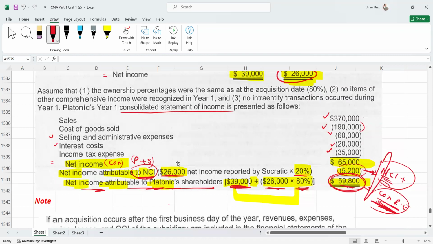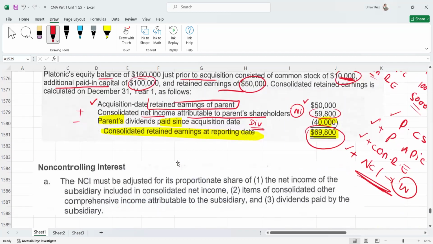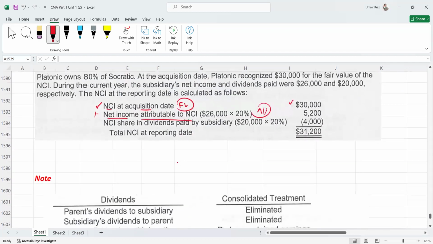This will be added in NCI. So first we took NCI at fair value at the date of acquisition, then we added net income attributable to NCI.